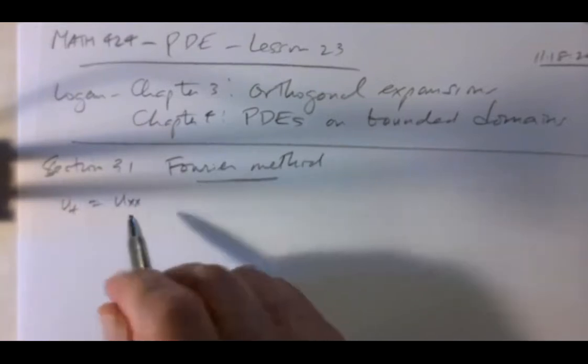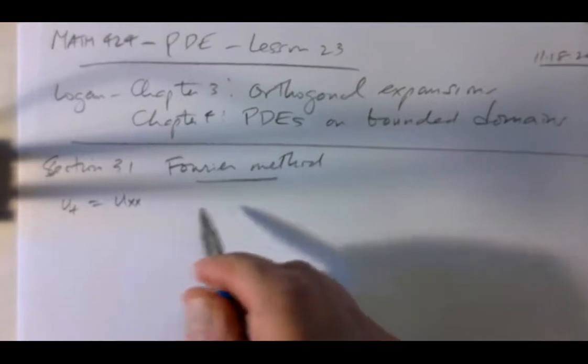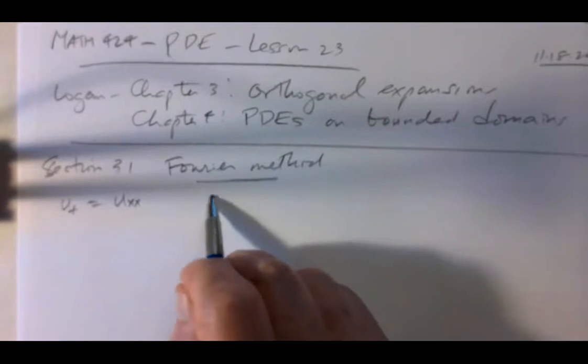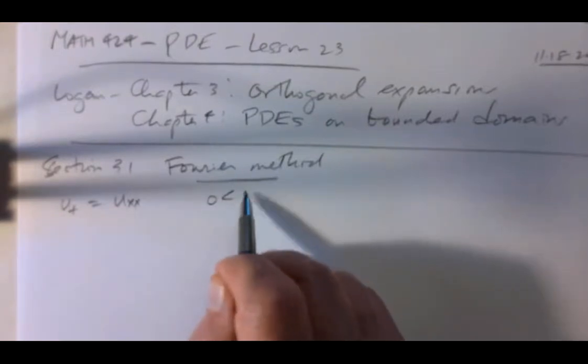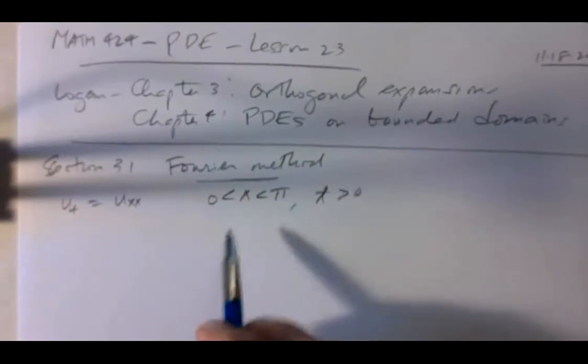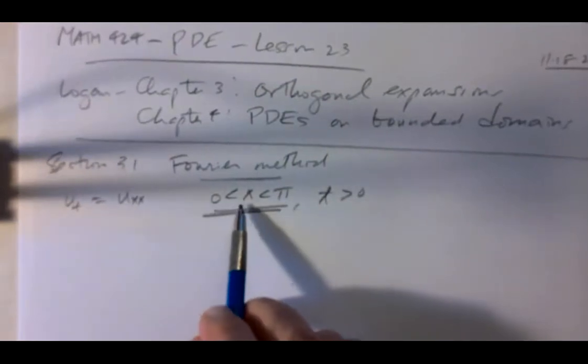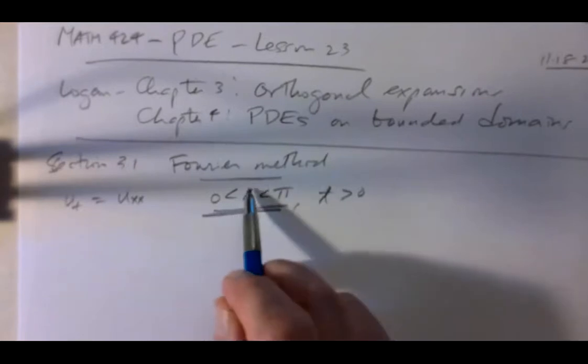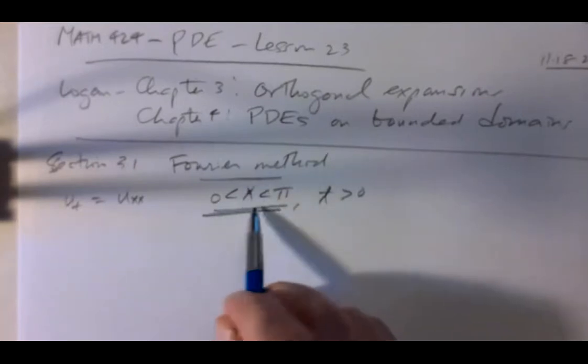heat equation. Partial of u with respect to t equals second partial of u with respect to x, where x is between, in this case, 0 and pi, and t is greater than 0. So the range of x is bounded. This is not over the whole line or an infinite interval on the line.